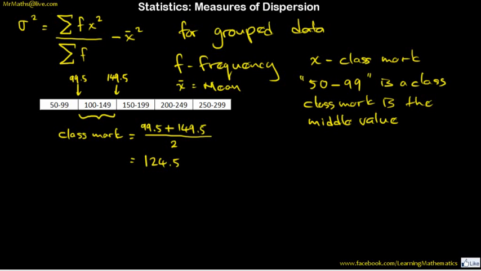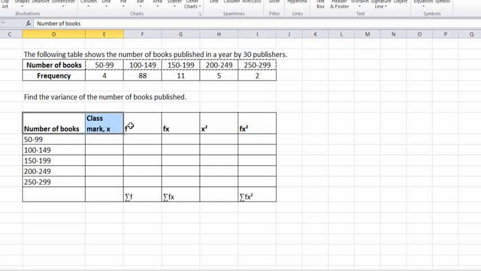So let's fill up the table in the Excel spreadsheet. I have rearranged the table in this way so that I can figure out the class marks and the frequencies, and then fx is the frequency times the class mark.